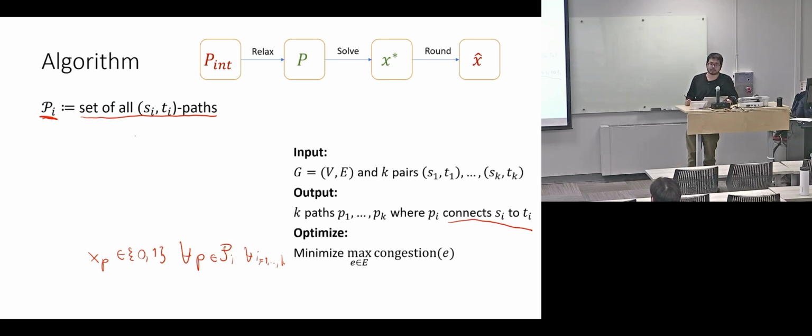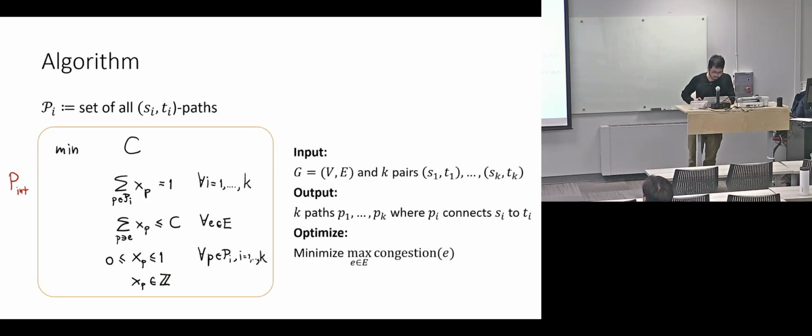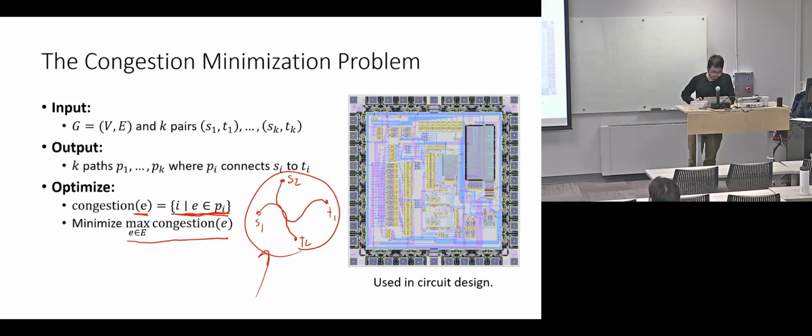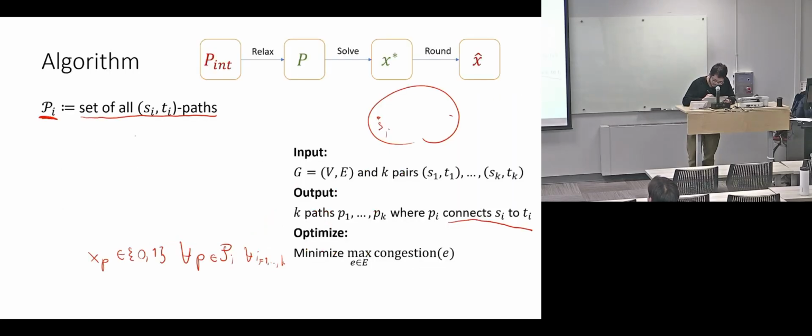What is XP again? PI is a set of all SI-TI paths. This is one path, this is another path, and this is another path.